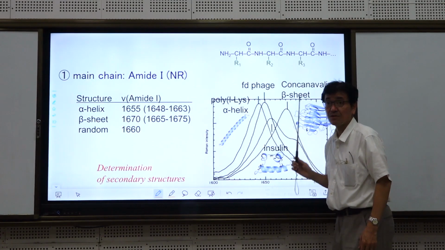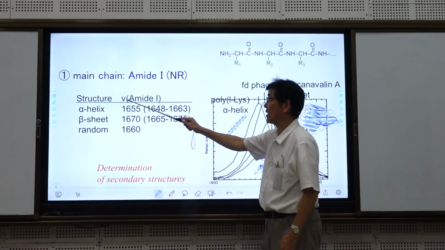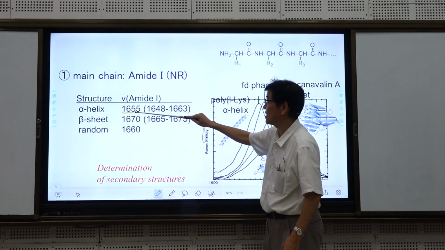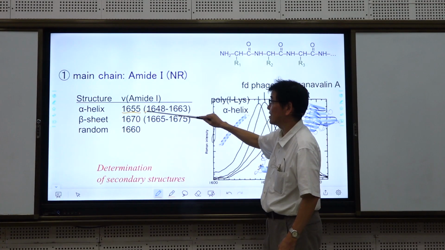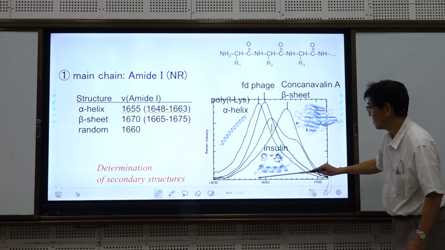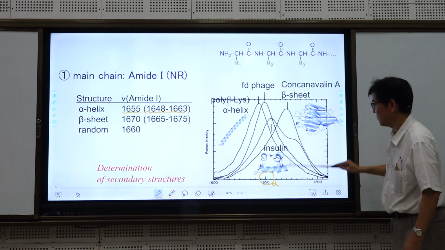There is an established idea that alpha helix gives the amide 1 band, the CO double bond stretching band, at 1655 wave number or in this region. So around this region, alpha.